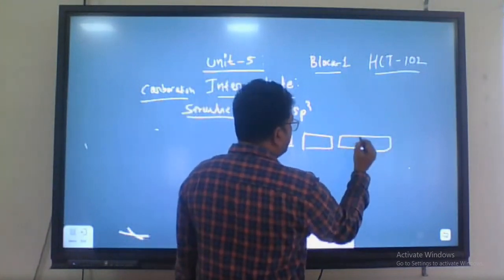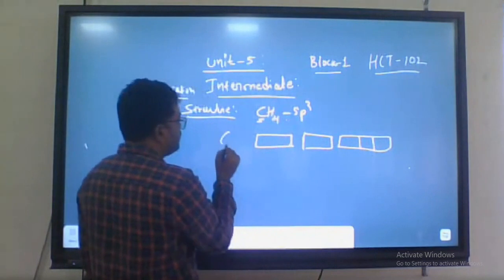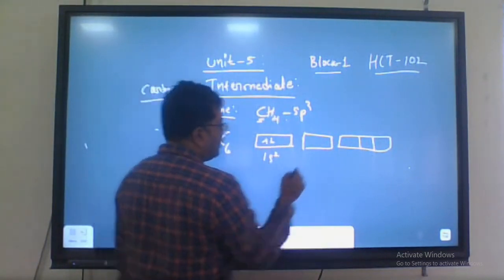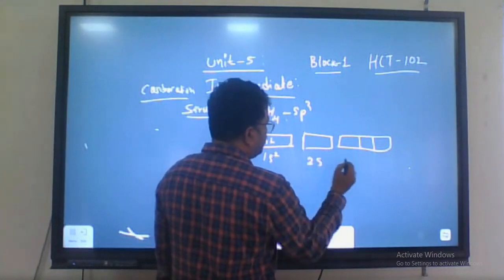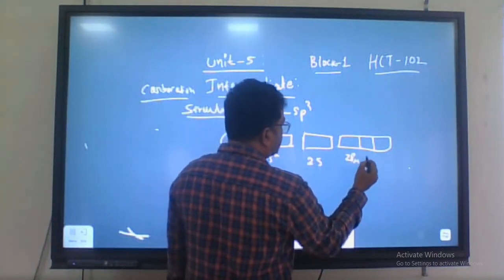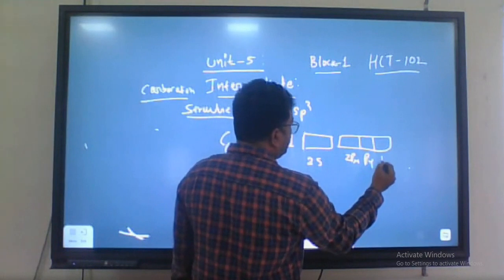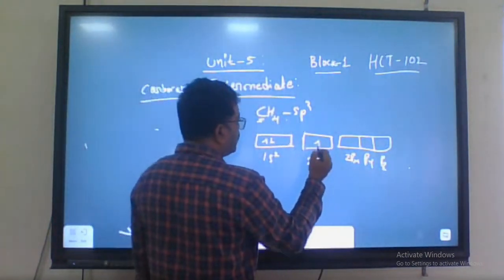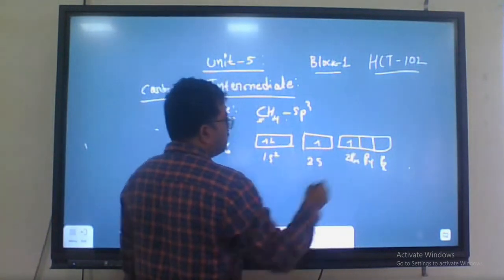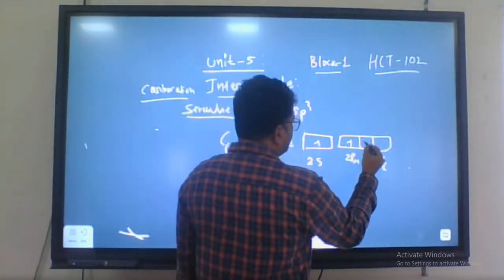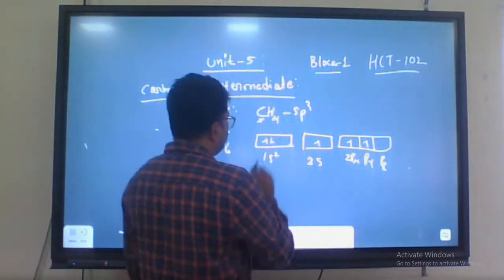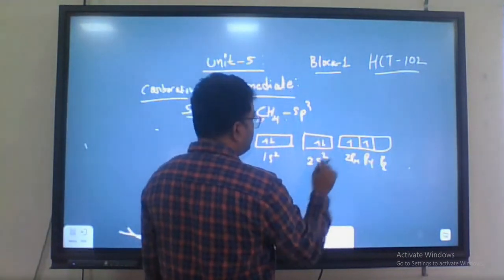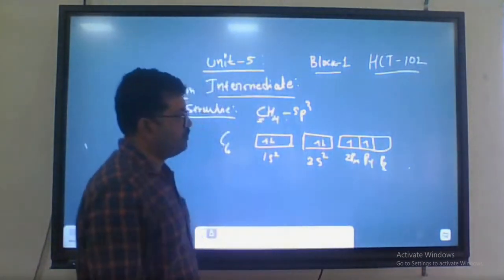Carbon, C6. This first one is diagram. This 2s, 2px, 2py, and 2pz. The remaining 1, 2, 3. So these 2 remaining 2.